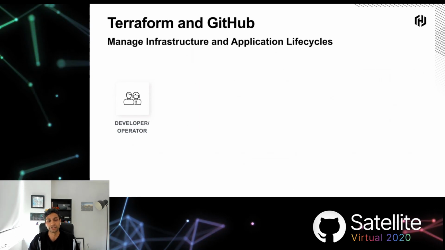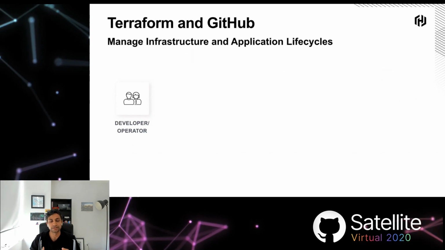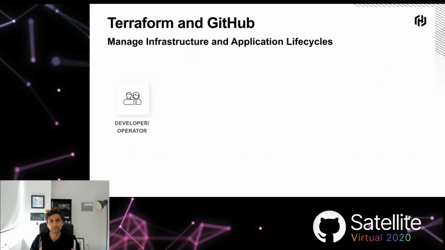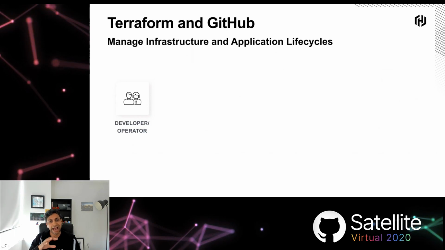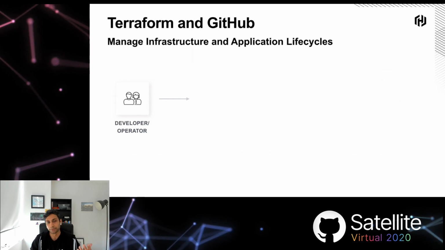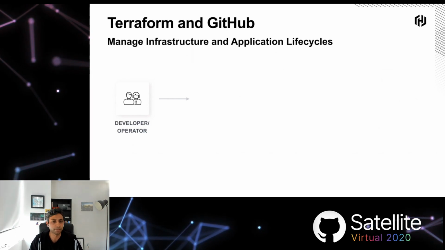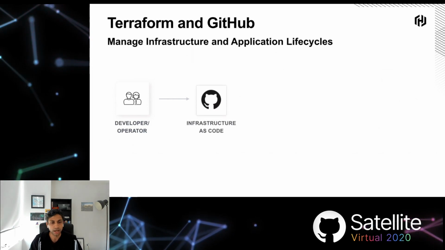This is where GitHub can actually help, right? We want to use the same nice GitHub pull request workflow to achieve infrastructure and application changes as well. And we'll see how Actions comes into play as well. Let's say we have a developer asking for a VM, and they push certain HCL code up to GitHub.